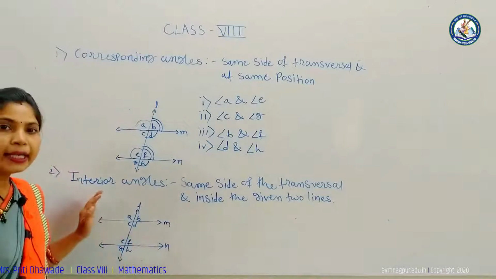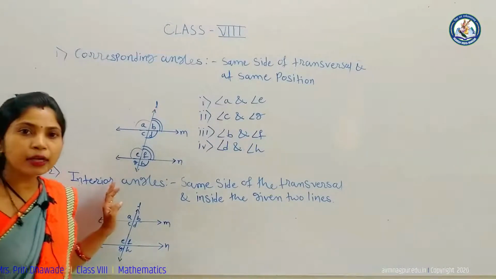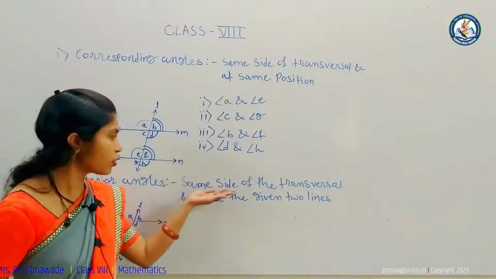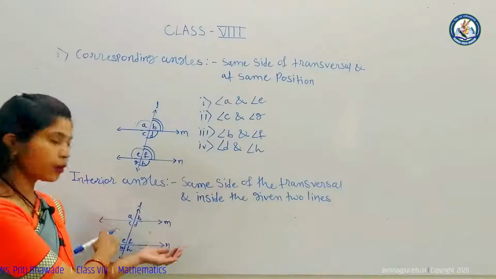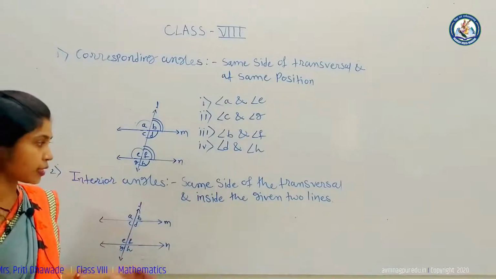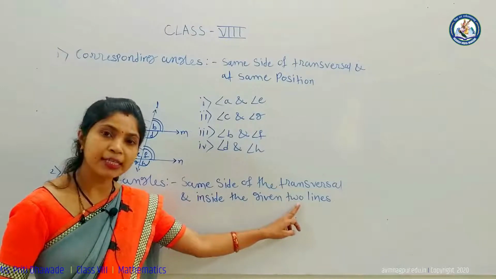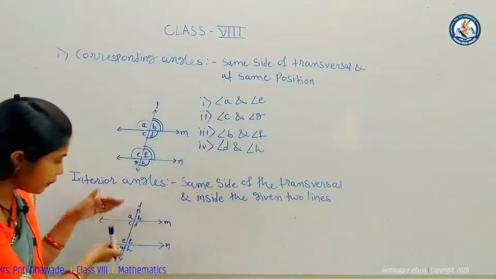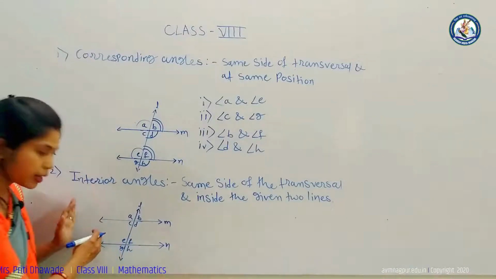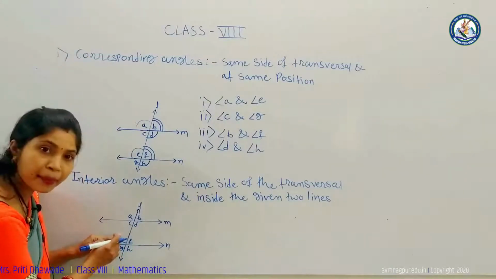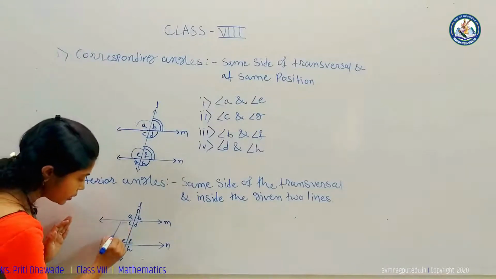Now next, interior angles. What is the meaning of interior angles? Those angles are present on the same side of the transversal, either on the left hand side or on the right hand side, and inside the given two lines. What is the meaning of inside the given two lines? That is, between these two lines M and N. So from the figure, angles C and E are present on the left hand side of the transversal and on the same side.